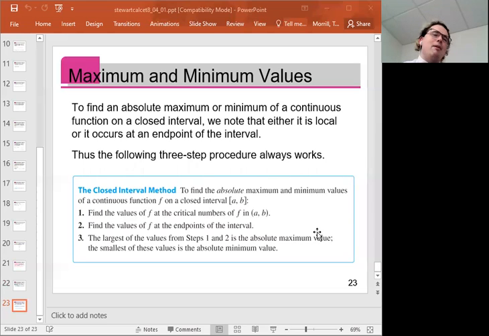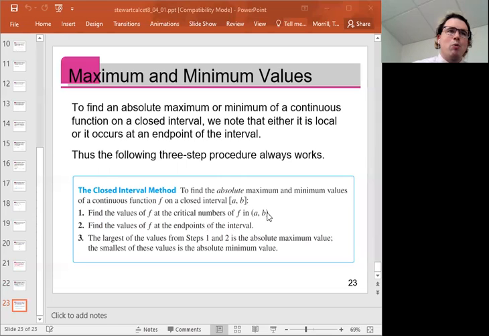The absolute extreme value, whichever kind it is, could be a local maximum or a local minimum, or it could have been one of those endpoints where we have chopped off the function. We can't detect those with derivatives.